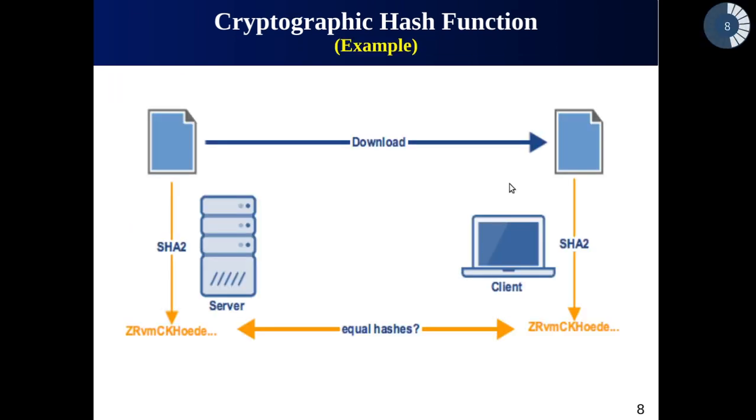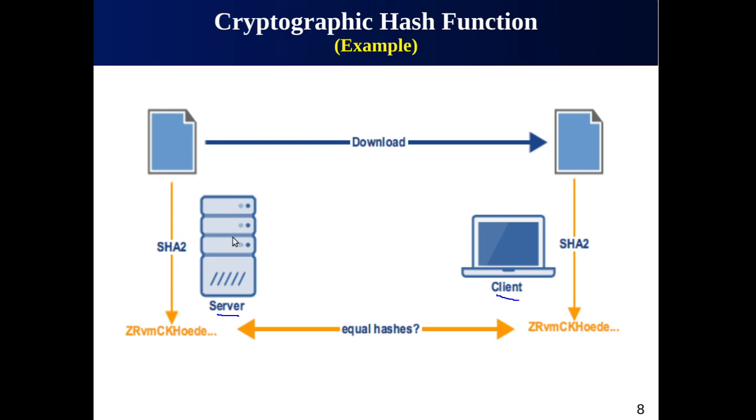Let us see another practical example of the cryptographic hash function. What you see here is self-explanatory. We have a client, we have a server. And normally the server provides services to the client, and the client avails the services provided by the server. In this case, the client wants to download a file from this server.